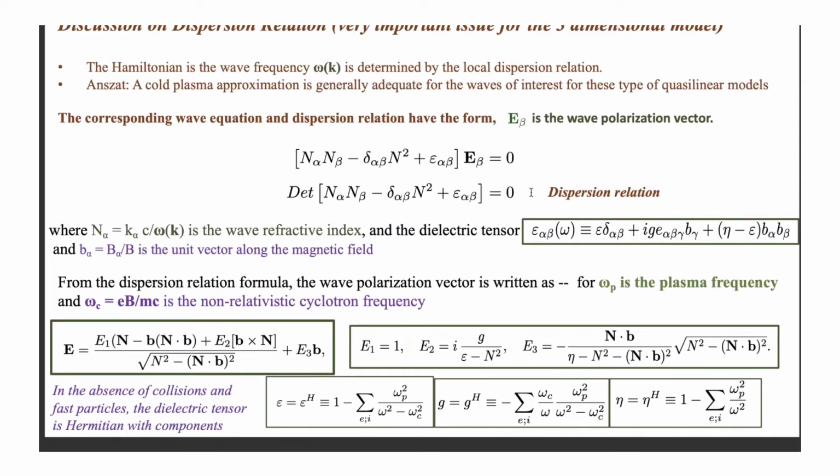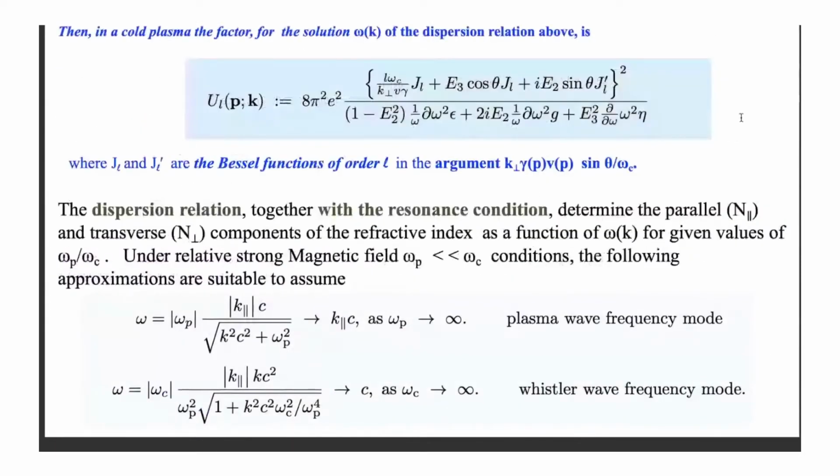Now, my student Kun Wang has been following some work of Breizman and Aleynikov, and we did the calculations of this determinant in a reduced form.